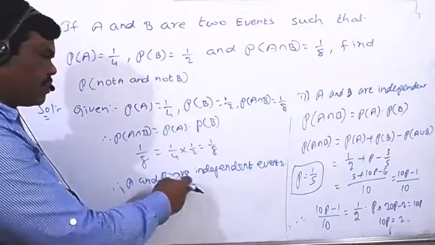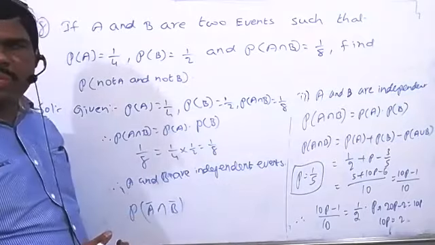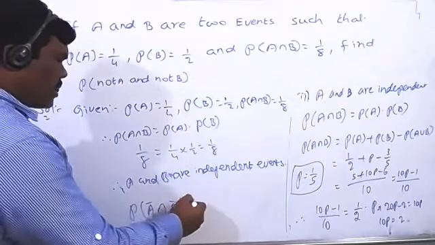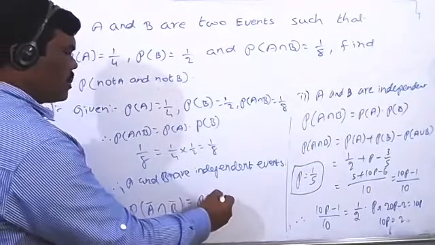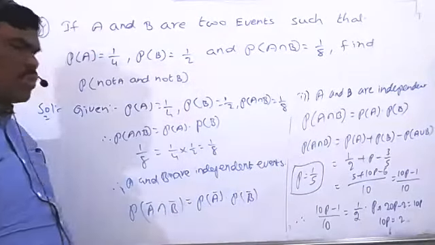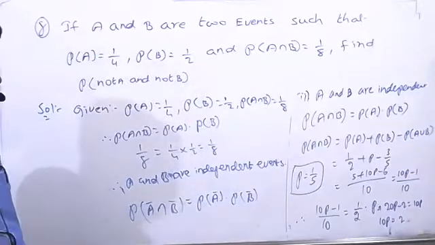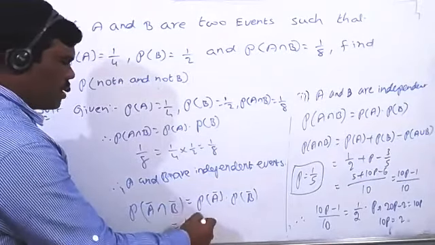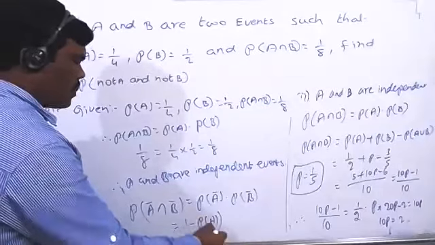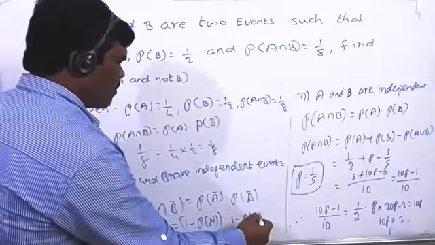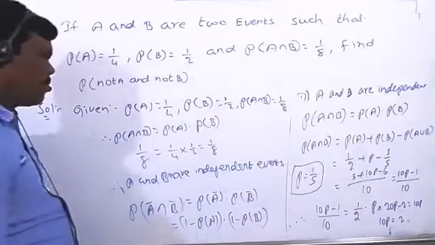We already proved that A and B are independent events. If A and B are independent events, then we can write probability of A bar into probability of B bar, that means probability of not A into probability of not B. The probability of not A, we know the formula very well: 1 minus probability of A into 1 minus probability of B. Now substitute the two values.